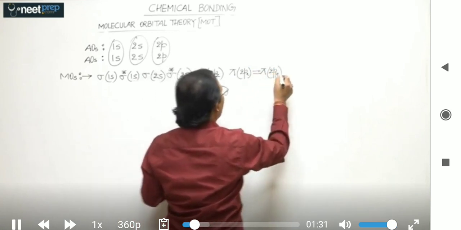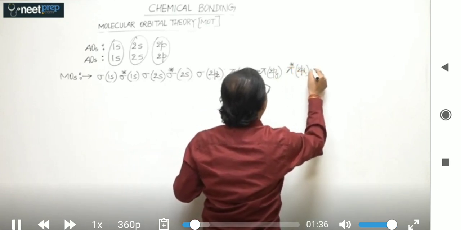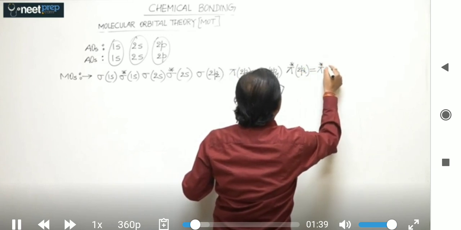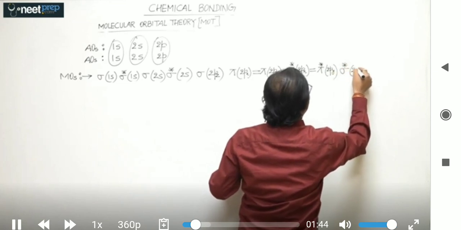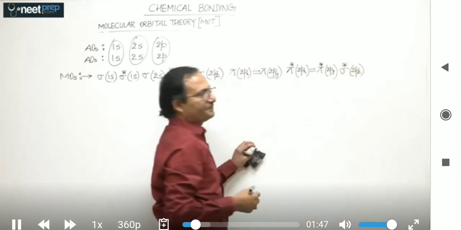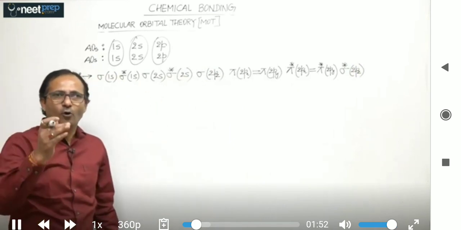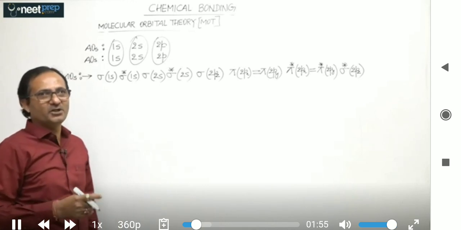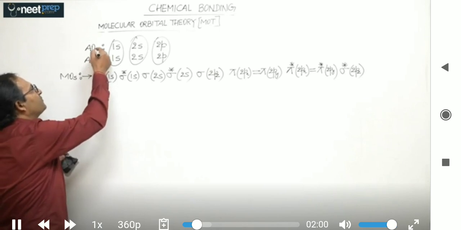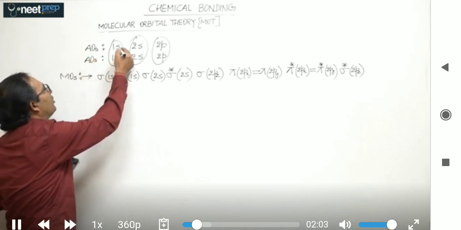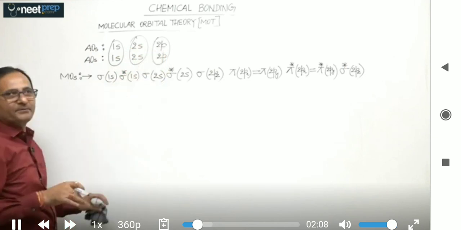These three are BMO and these three are ABMO, that is pi star 2px equal to pi star 2py, and then sigma star 2pz. These are the molecular orbitals for homodiatomic molecules, because in homodiatomic molecules both atoms are the same, so the energy of the same orbitals of both atoms will be the same.